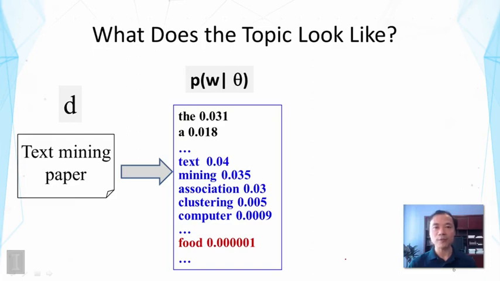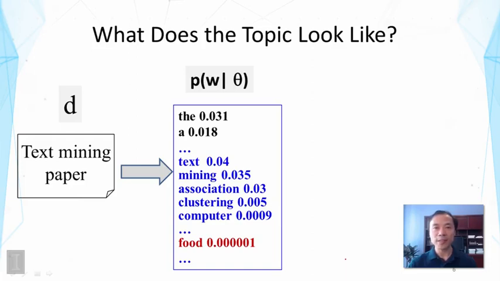And this will be followed by some content words that really characterize the topic well, like text, mining, etc. And then in the end, you also see very small probabilities of words that are not really related to the topic, but they might be accidentally mentioned in that document.